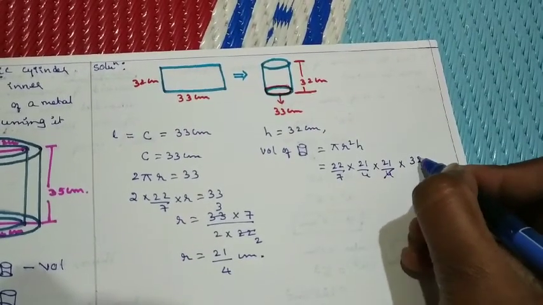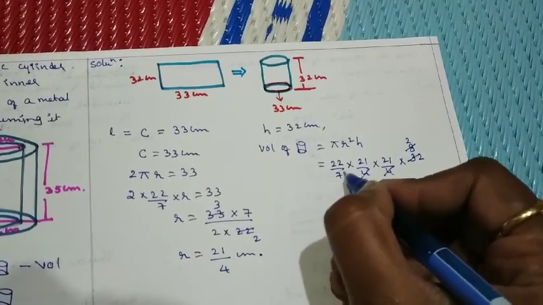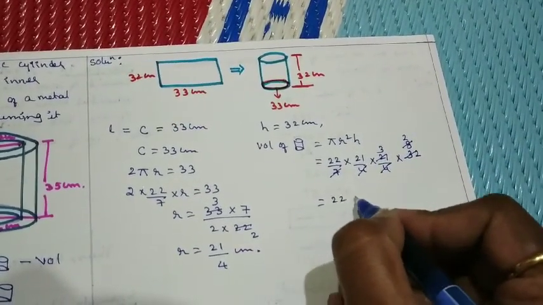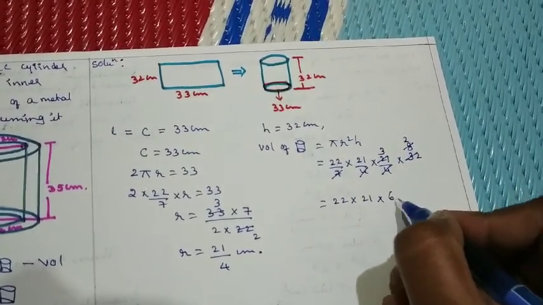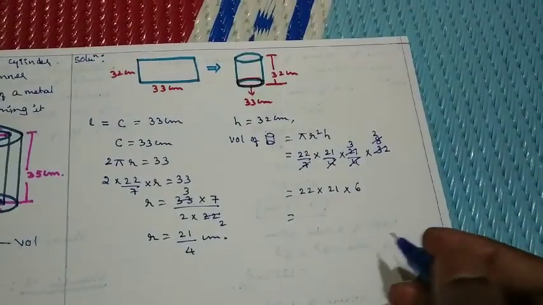Then 4 1s are 4, 8s are 32, 4 1s are 4, 2s are 8, 7 1s are 7, 3s are 21. Then we'll get 22 into 21 into 3 2s 6. So the product of all these numbers will be the volume of the cylinder.